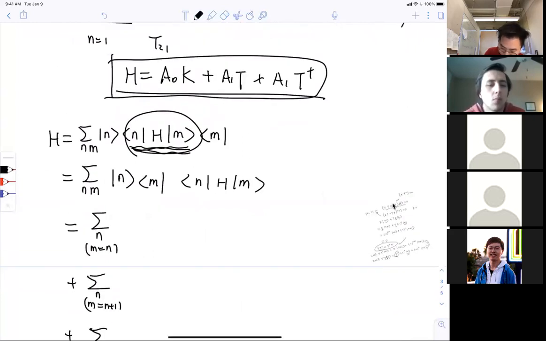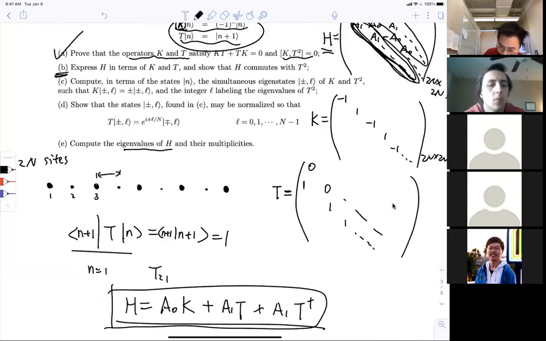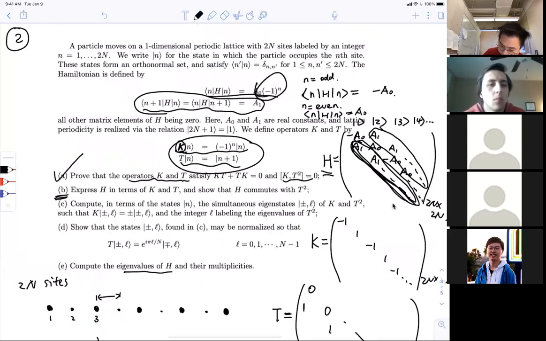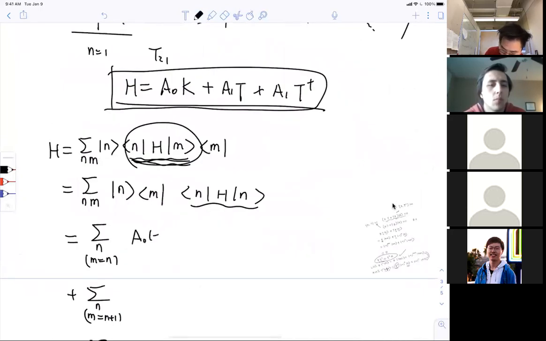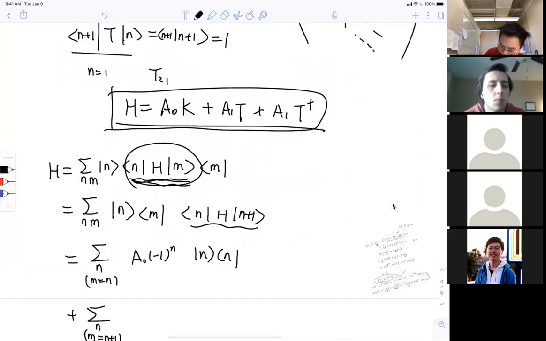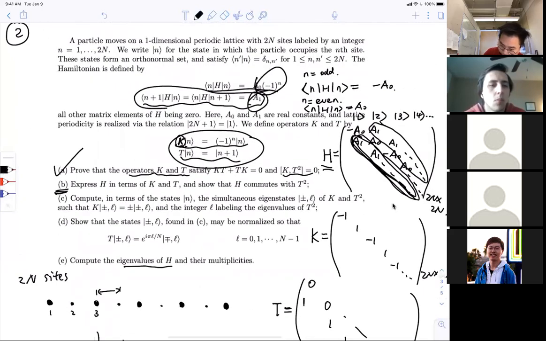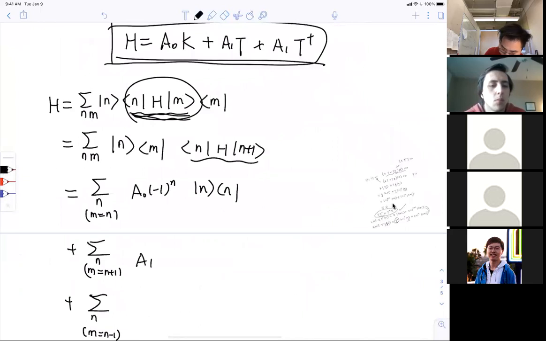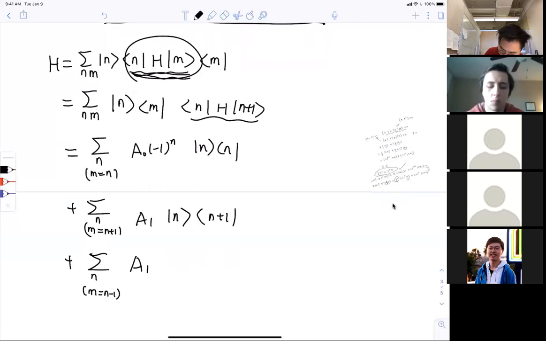When m equals n, it is given by a0 times minus 1 to the n. If m equals n plus 1, this gives us a1, and likewise for n minus 1.